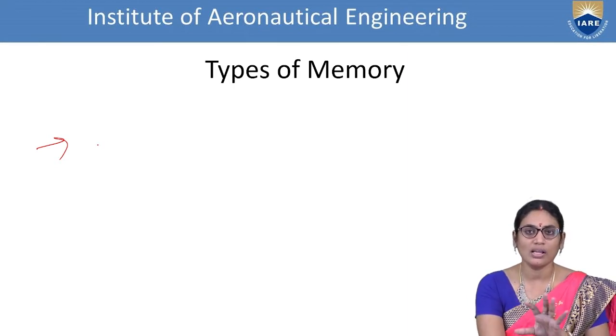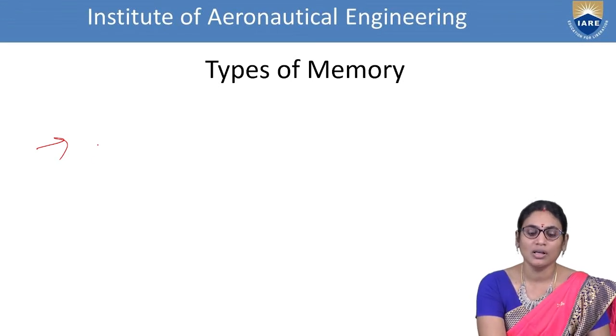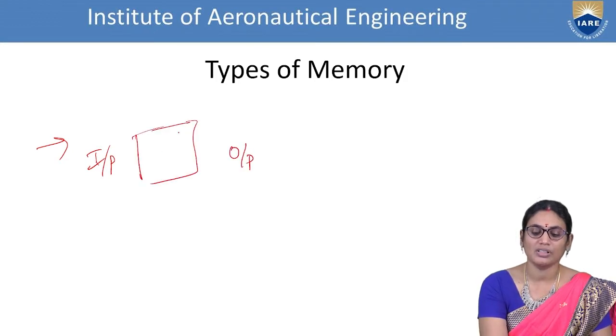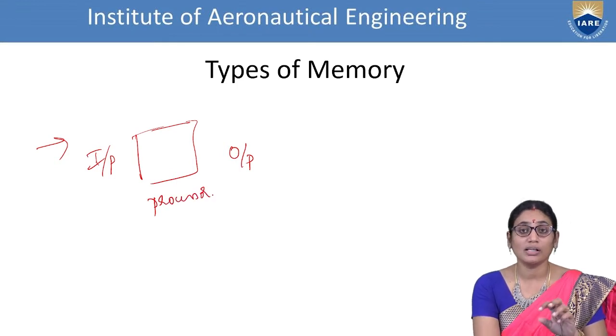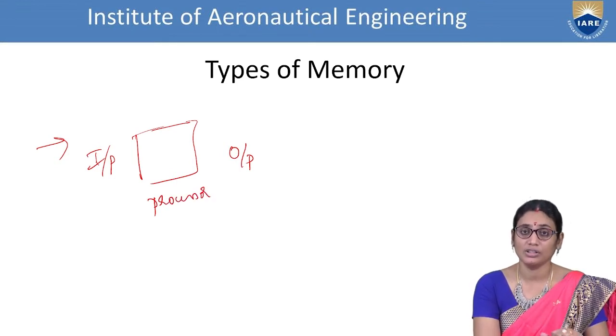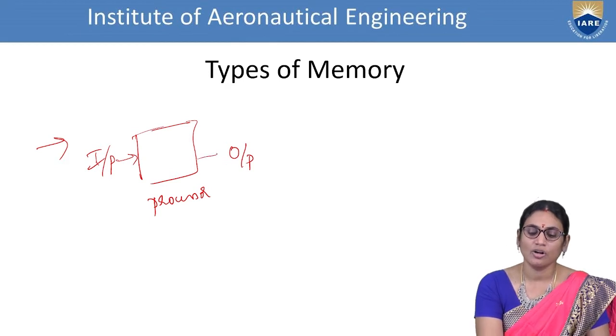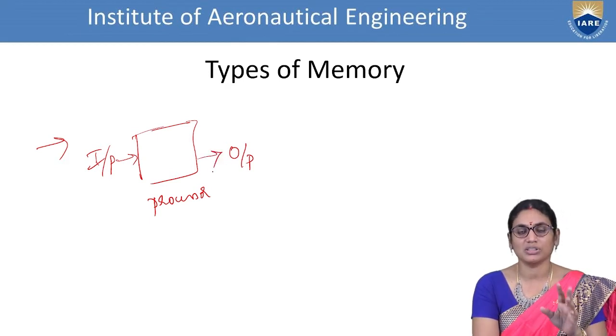In the block diagram, we have the input and the output. In between, we have the processor, which performs the task assigned by the user or the person interacting with the computer. Input is given to the processor and output is coming from the processor, that means display is done from the processor.